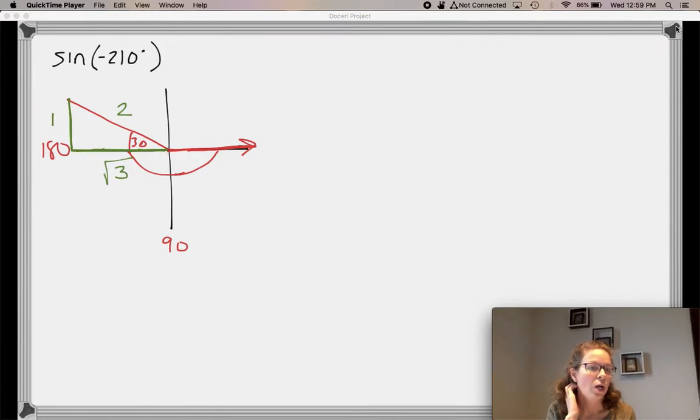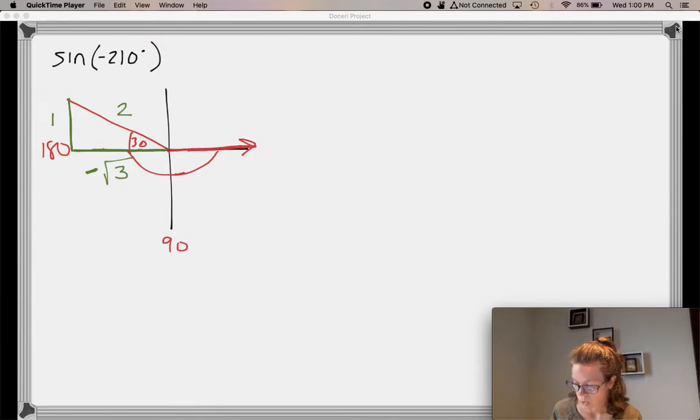So across from the 30 we find the 1, the hypotenuse is 2, and across from the 60 we find a square root of 3. But now we need to think about directions. So as we think about our x-axis, positive over by that red arrow, this is the other way, so negative. As we think about our y-axis, that's an up, so that's going to stay positive. Hypotenuse always positive, no matter what direction.